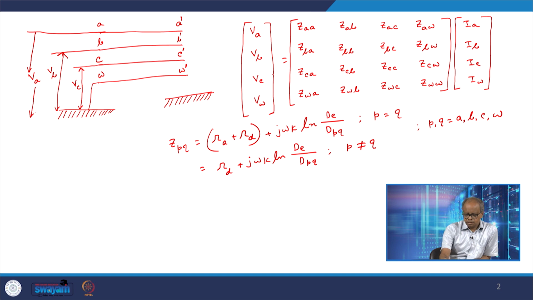Now here I have got VW, because it is a ground conductor and it is connected to ground directly. So VW is equal to 0.